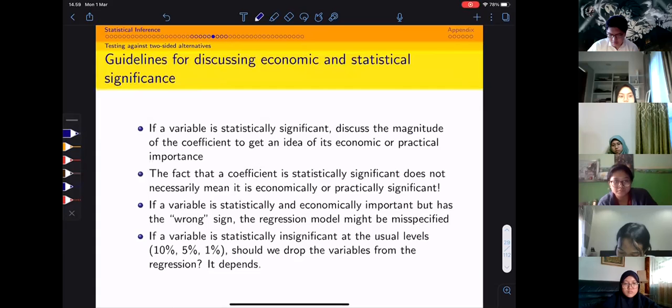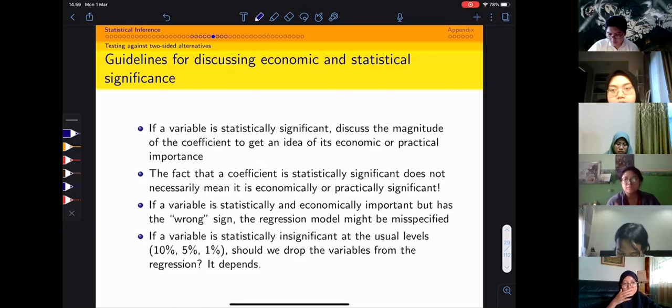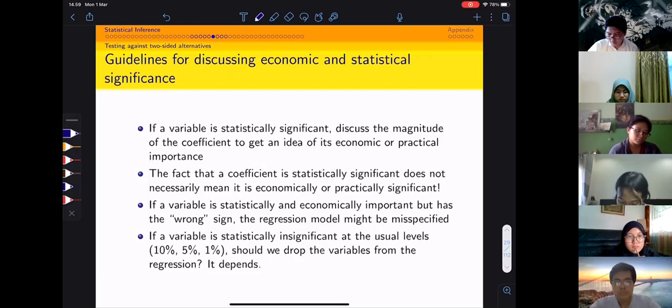Okay. All right, just one more remark that I want to make before I go and discuss the other point. If a variable is statistically significant, you can discuss the magnitude of the coefficient to get an idea of whether or not it's economically or practically important. So you have to distinguish between a statistically significant variable and an economically significant variable.